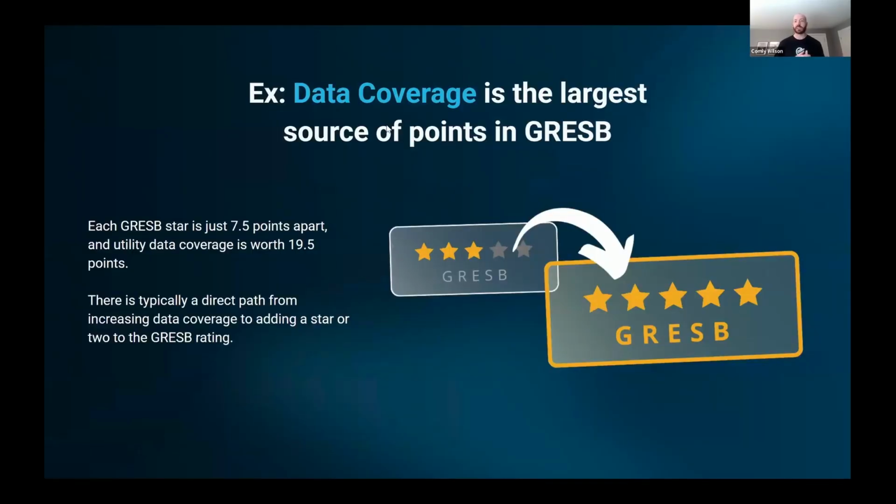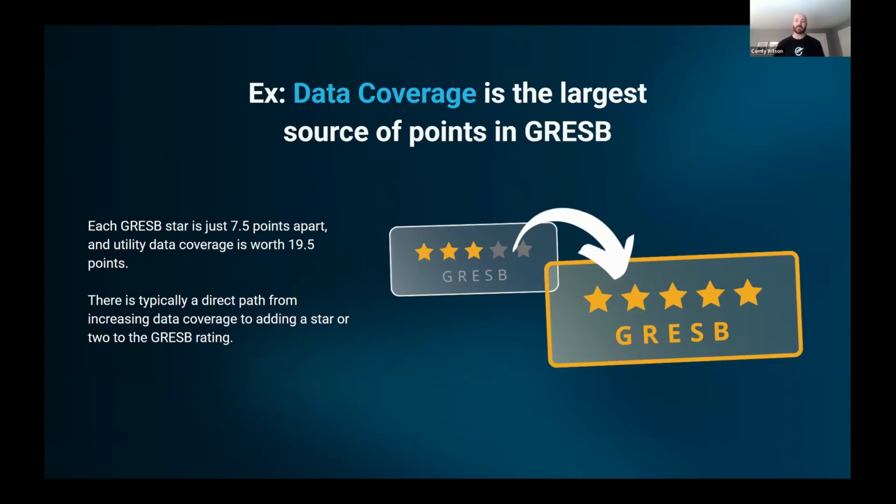So here's an example, right? Why is data coverage important? For GRESB, for those who submit to GRESB, data coverage itself is the largest source of points. And because the scoring system in GRESB is definite, meaning if you do certain things, you get a better score, while the rating system is relative to how you perform compared to your peers.